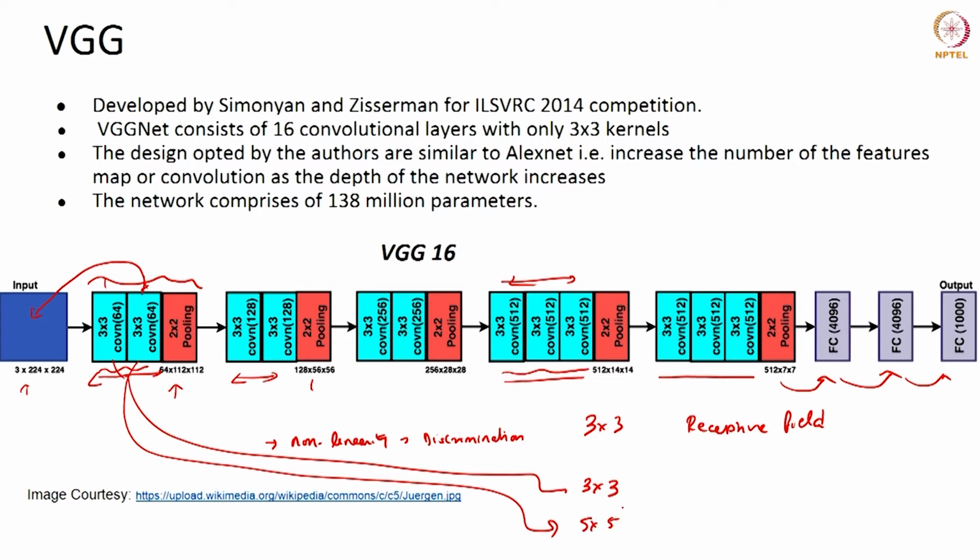It is not too hard to see, because if you look at the feature maps in the second convolution layer, we have 3 cross 3, and each activation in the feature map is itself a result of a 3 cross 3 convolution.